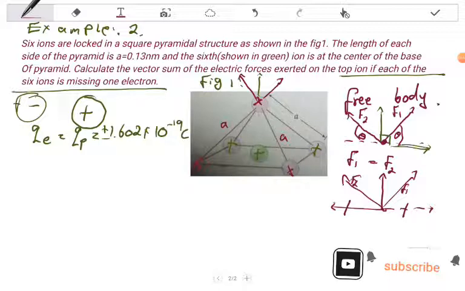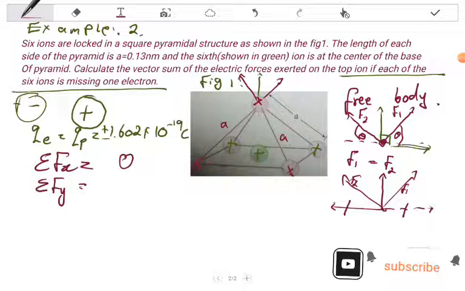So the sum of Fx in this problem is going to be 0. The top charge will never go in any direction in the x direction, because also the one at the center, the green one, you can see that the green force here is going upwards, which means the only forces that you have are going upwards.